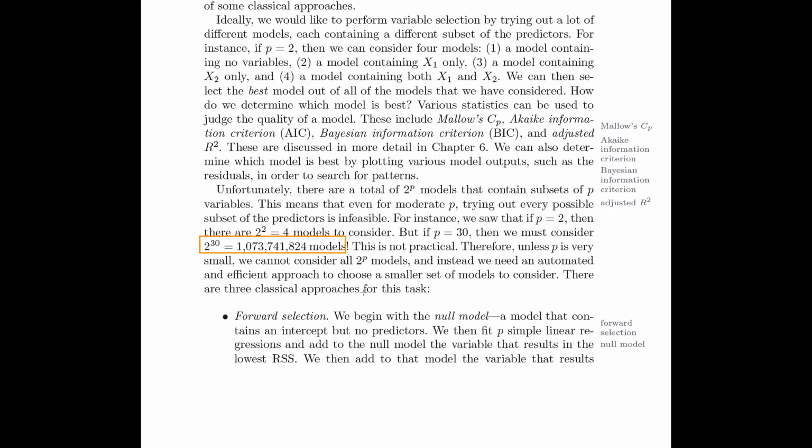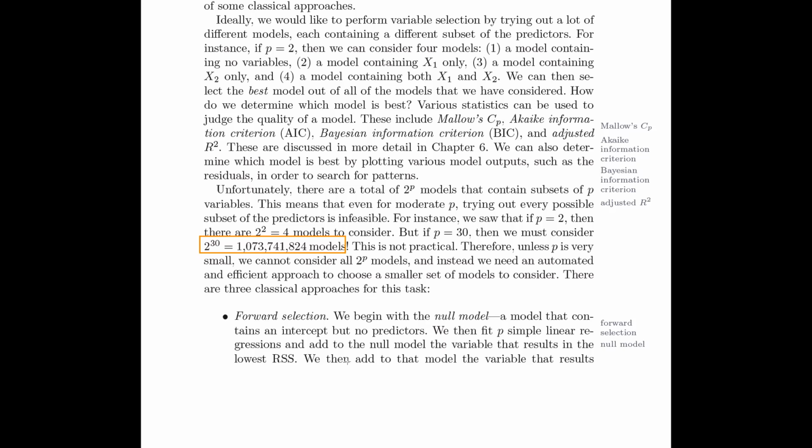If you have 30 and you wanted to try each possible combination, and what do I mean by combination? Which variables to include, which variables to exclude. You include half, exclude the other half. Well, you would get, is that over 1 billion? You very quickly get many different configurations, which, well, it's just not feasible to try each one.